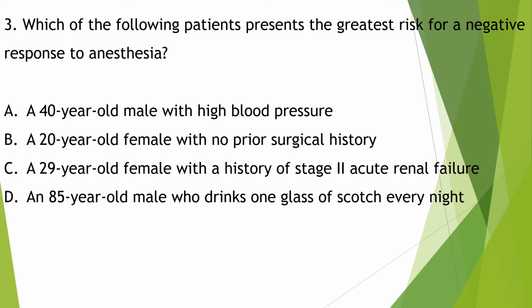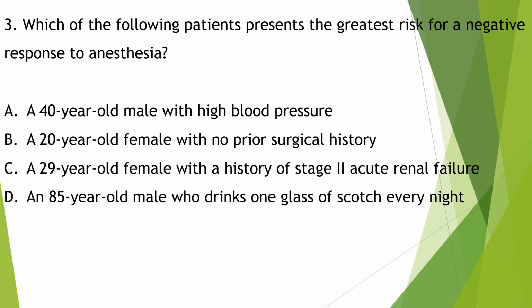Any patient with renal impairment will not be able to excrete the anesthesia effectively. Anesthetics are excreted either through the liver or kidneys, and impairment of any of these organs will mean the patient cannot get rid of the anesthesia from the body.